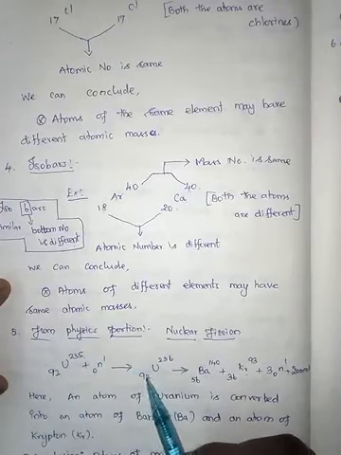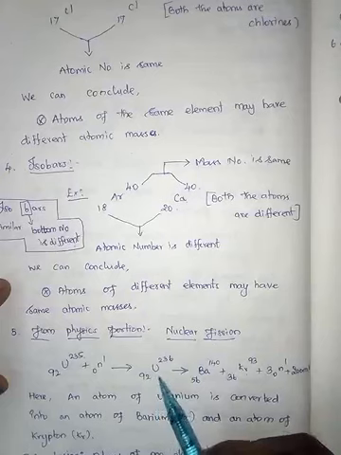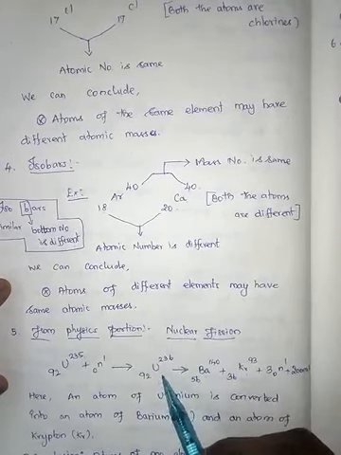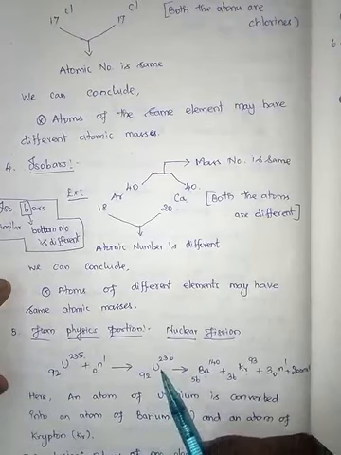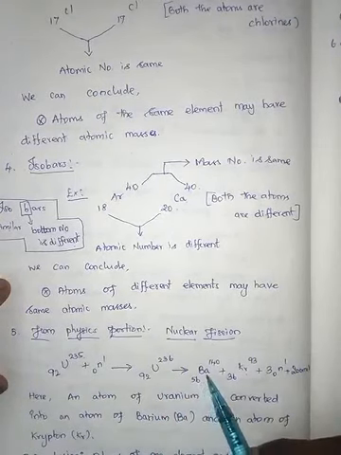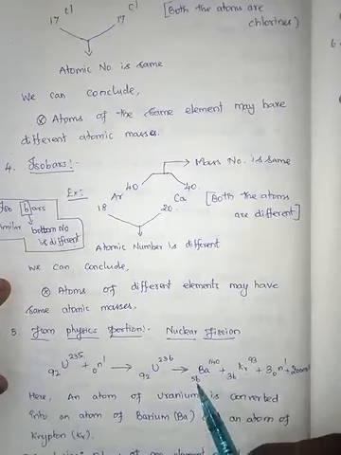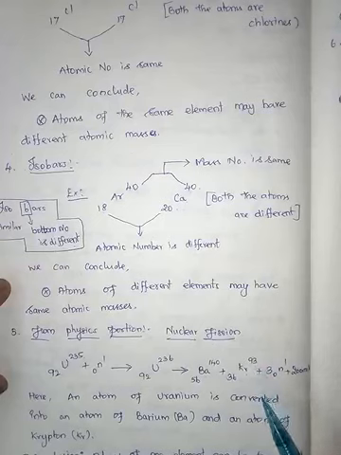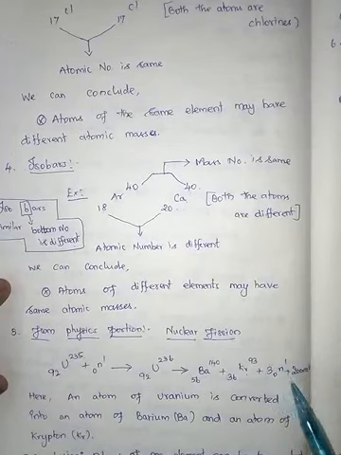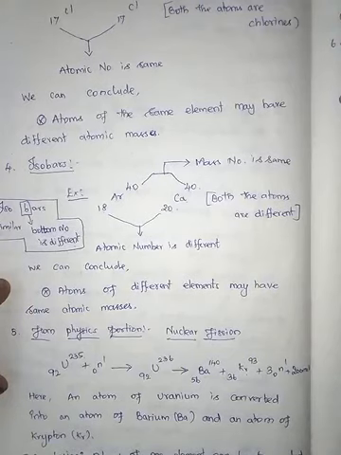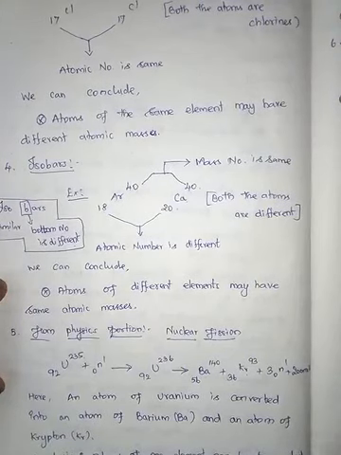The resulting atom will be 92 uranium 236, which is unstable because the nucleus is very heavy. So it automatically splits into barium and krypton: 56 barium 140 plus 36 krypton 93 plus 3 neutrons along with 200 million electron volts. Such a huge energy is released in this process.